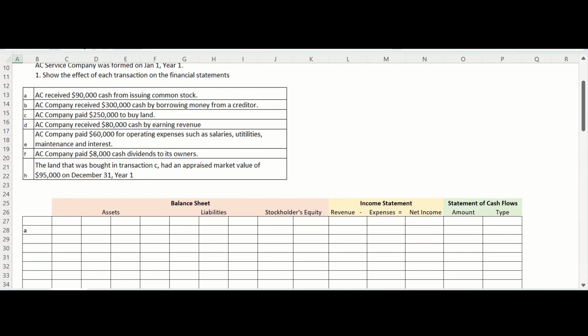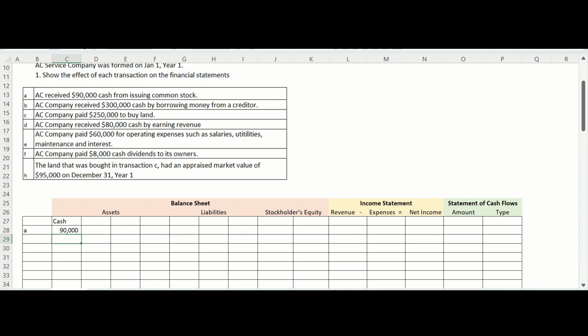So letter A, we have AC receiving $90,000 cash from issuing common stock. The first thing happening in this transaction is there is cash of $90,000 being received. So my first asset, my most liquid asset, is cash, and we have an increase of $90,000.